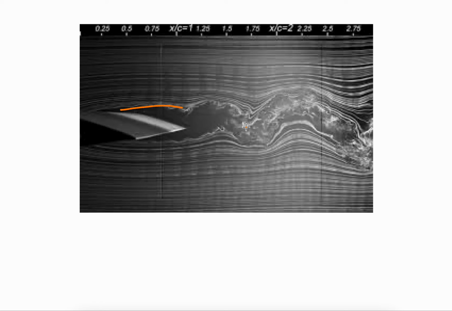But the wake can oscillate like this. The formation of wake is actually not in the syllabus, so I just limit to the separation because it has a quite direct influence on the boundary layer.